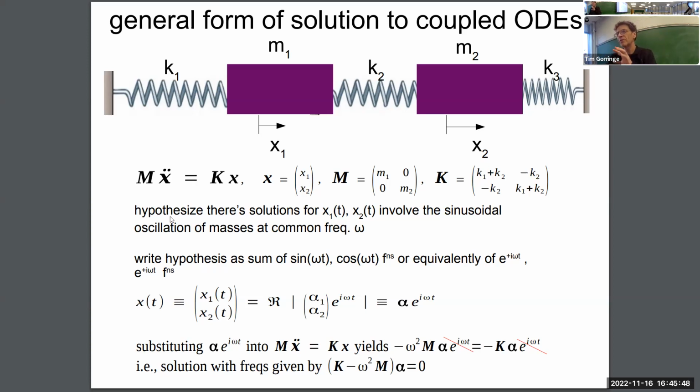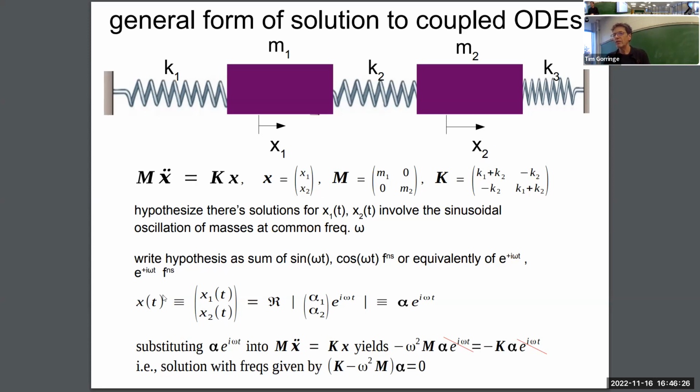I'm going to make the hypothesis that there are solutions to these coupled differential equations in which the positions of the masses x1 and x2 oscillate sinusoidally with some common frequency. So I'm going to write out that hypothesis, and then plug it into the coupled differential equations and try and learn something about the frequencies based on that.